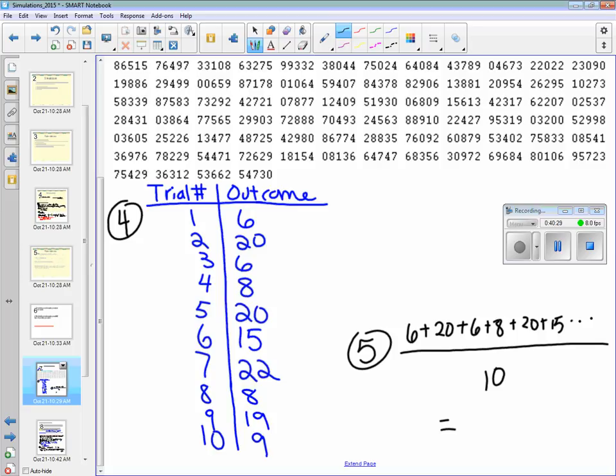Divided by 10. 13.6? Don't tell me, I don't know. 13.3. Okay. So 13.3. Let's write it in context. What's my context here? What is 13.3 what? Boxes of cereal.